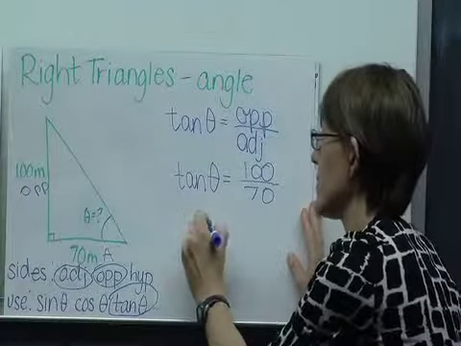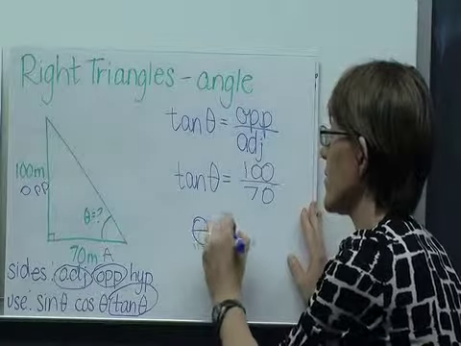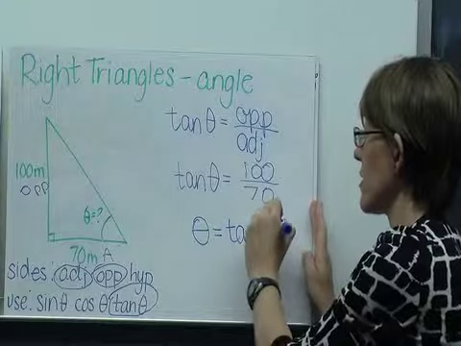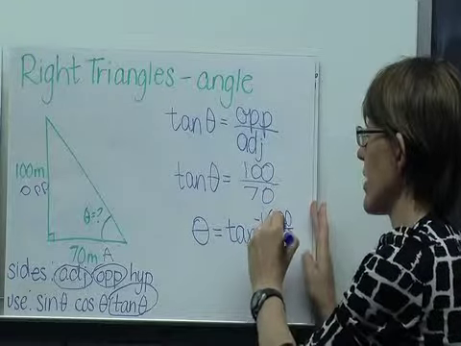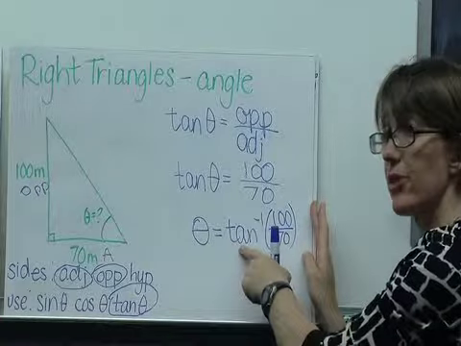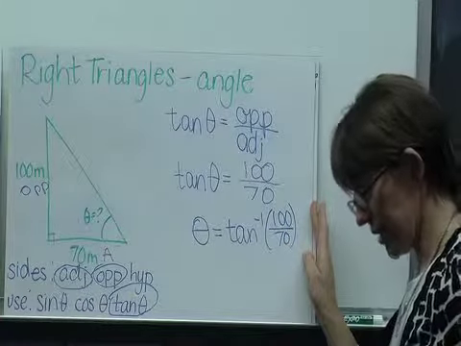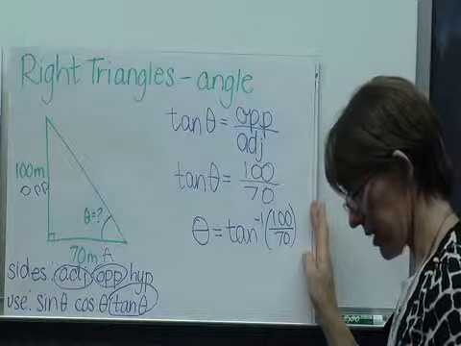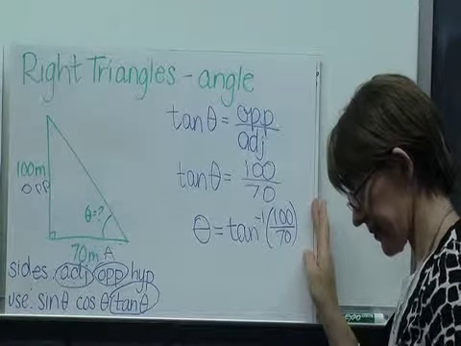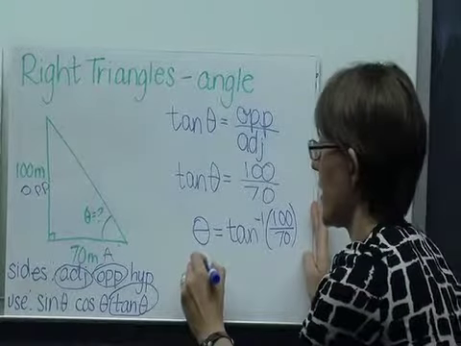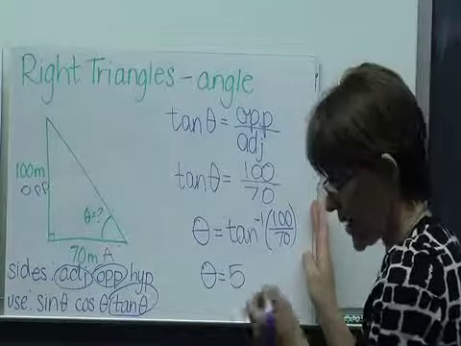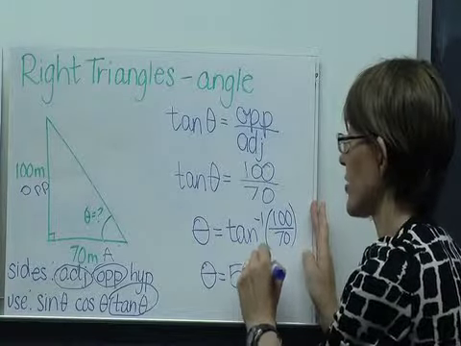So I'm going to use my calculator again and use the inverse tangent function. Remember that the inverse tangent function tells me what angle has a tangent equal to 100 over 70. So calculating that right now, I get that theta is equal to approximately 55 degrees.